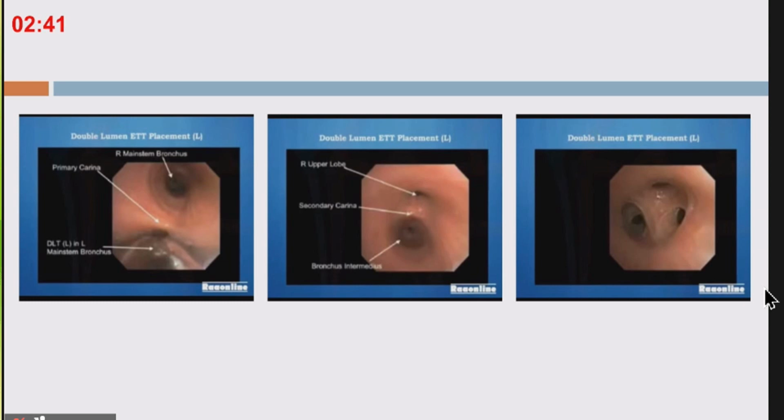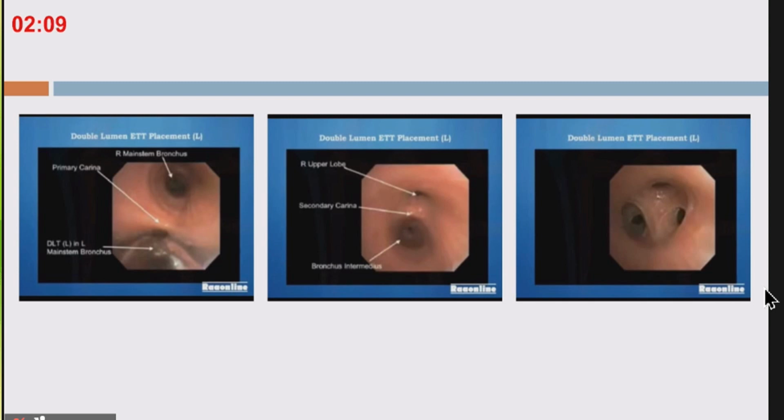Just to doubly confirm that, though, you go further into the right main stem bronchus, and what you'll see is the right upper lobe up at the top. You'll see a secondary carina, and you'll see the bronchus intermedius. When we don't place these left-sided bronchial tubes correctly and think we're in the right spot, a lot of times we've gone into the right main stem bronchus and actually placed the tube in the bronchus intermedius.